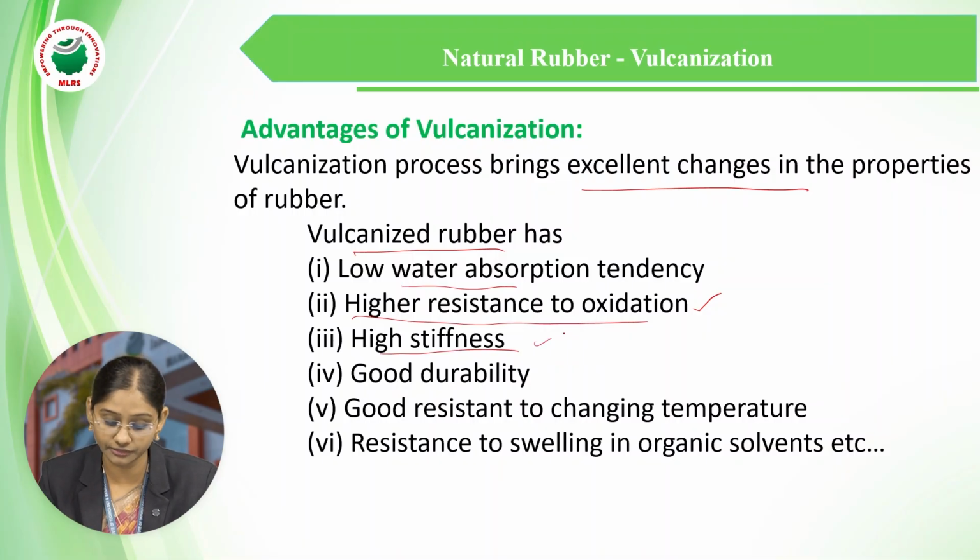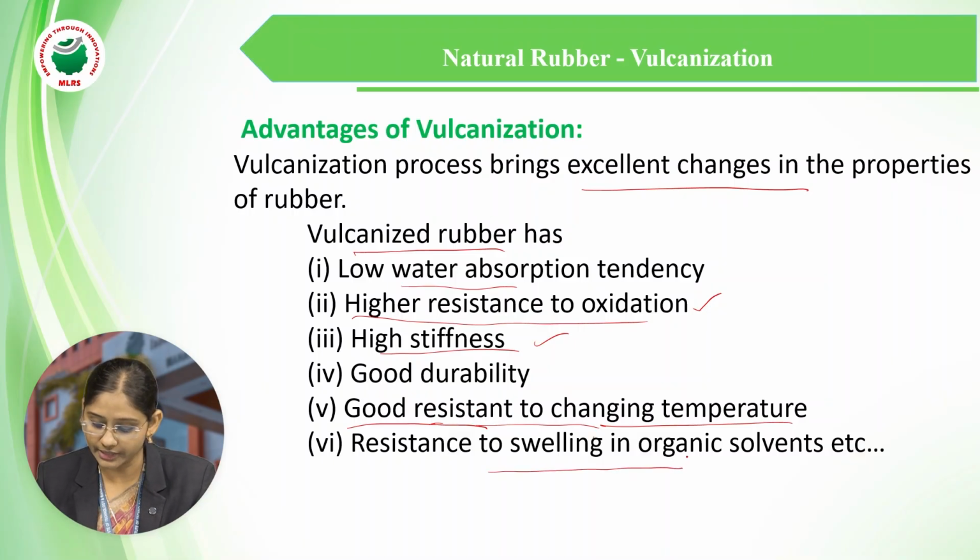It has high stiffness. It has good durability, and it is resistant to changing temperatures. Based on the seasons, temperature also changes. That rubber has to withstand the temperature. That's why this vulcanized rubber is very resistant to changing temperature, and it is resistant to swelling in organic solvents.